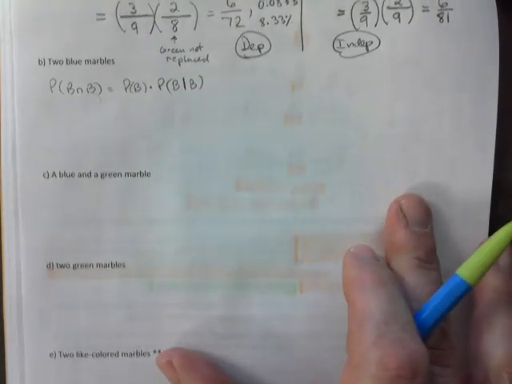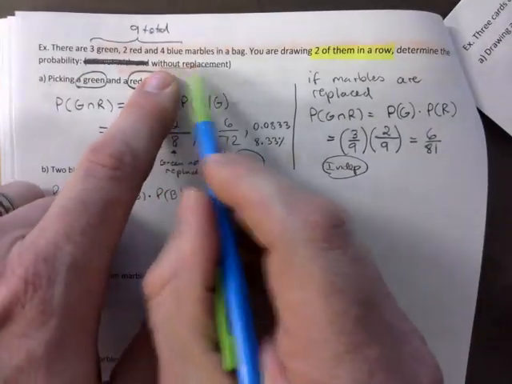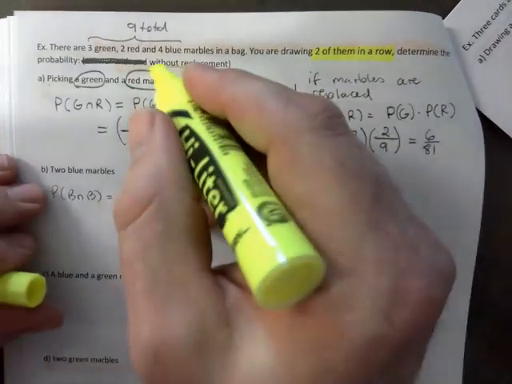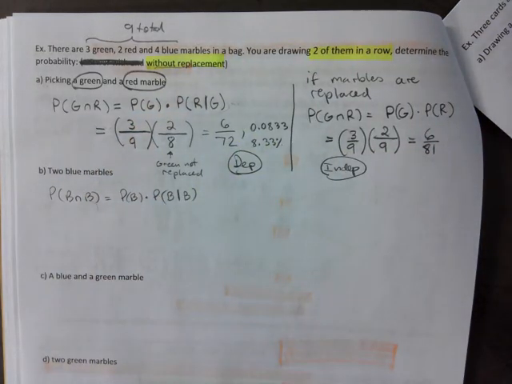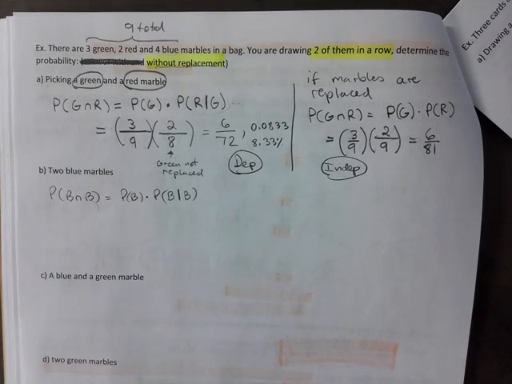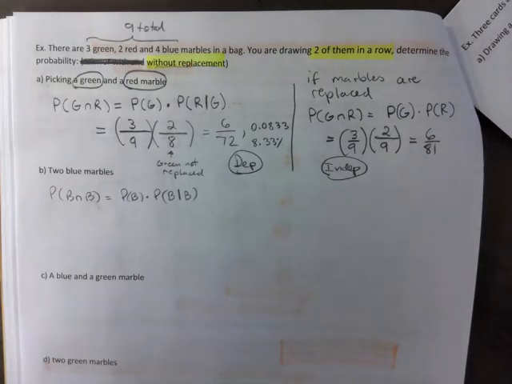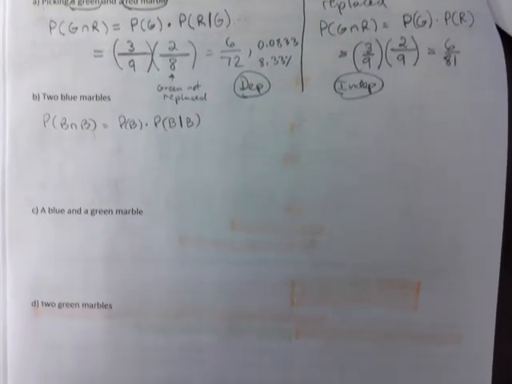What's the key word? It's this one right here. I should have highlighted that. This is a dead giveaway that this is dependent. Oftentimes that is what it is, that things are being removed and not replaced. And obviously that's going to affect the outcome.